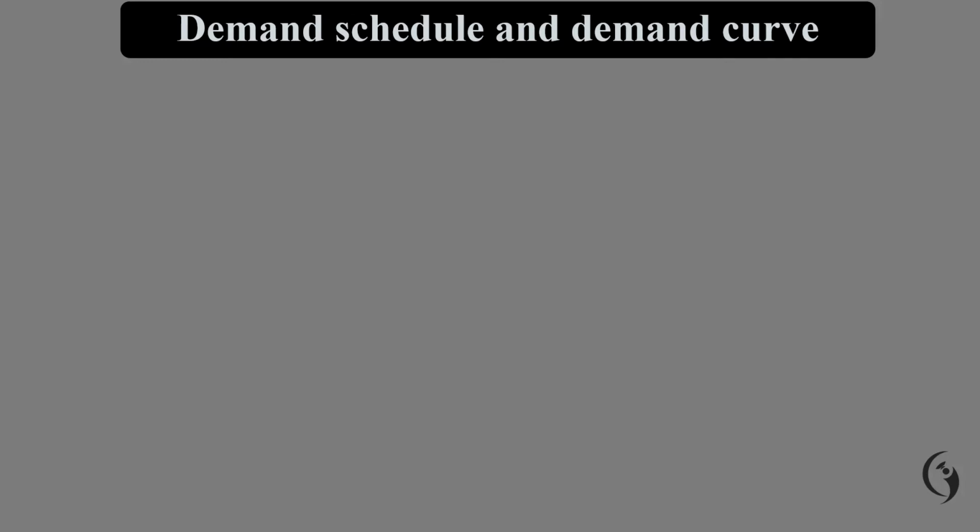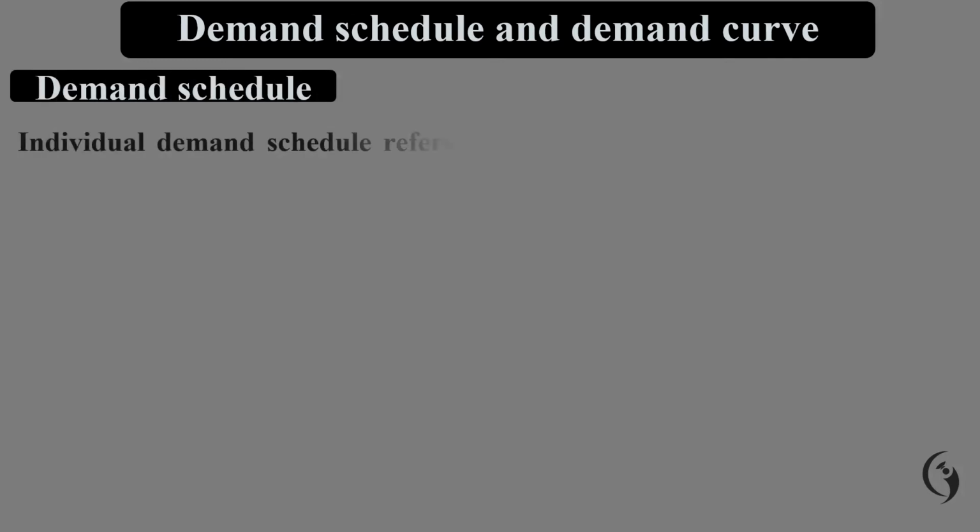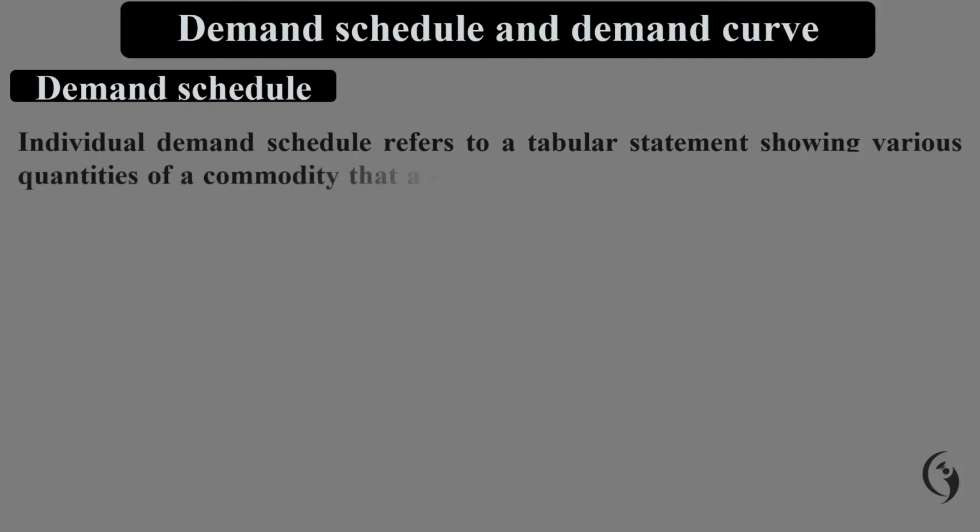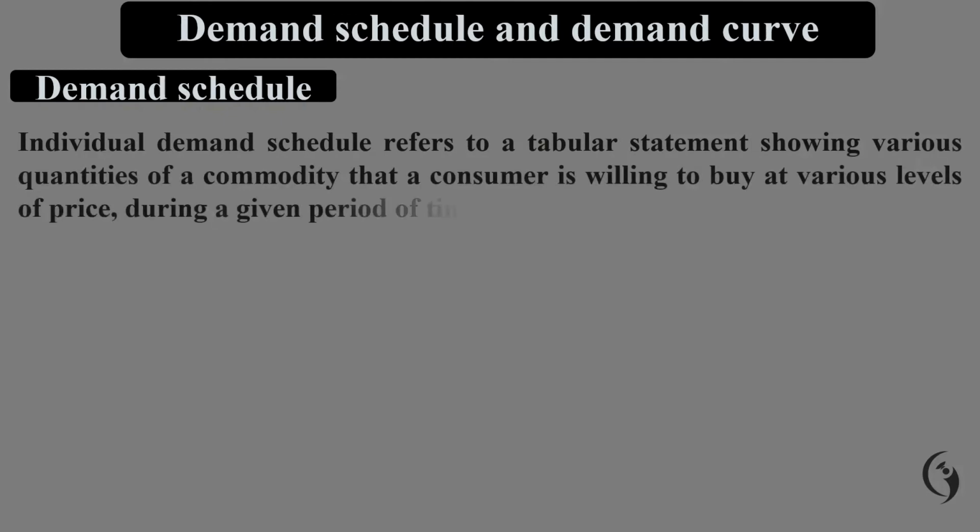Demand schedule and demand curve. An individual demand schedule refers to the tabular statement showing various quantities of a commodity that a consumer is willing to buy at various levels of price during a given period of time. That means it shows a tabular statement of quantity demanded at various prices.